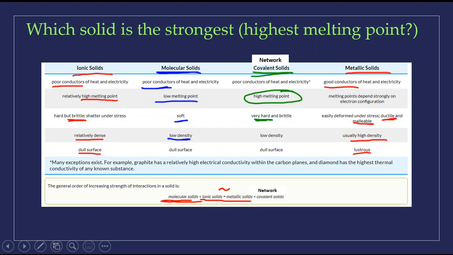And in this case, usually if you're going to rank them, they'll give you some kind of data point to rank them off of, like boiling points or melting points or hardness or something. Obviously, over here on the far end, the network covalent are always going to be considered the strongest, right?